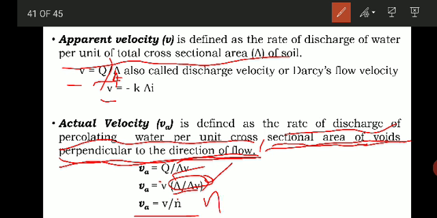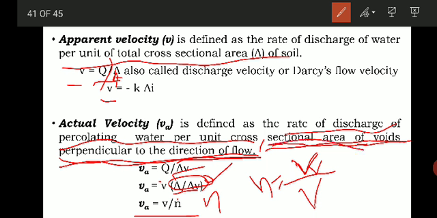So the actual velocity can be defined as Va is equal to V by n, that is, velocity divided by porosity. Porosity is the volume of voids to the total volume. This we know, right? In the previous definitions we have seen what porosity is. n is equal to Vv by V, that is, the volume of voids divided by the total volume.